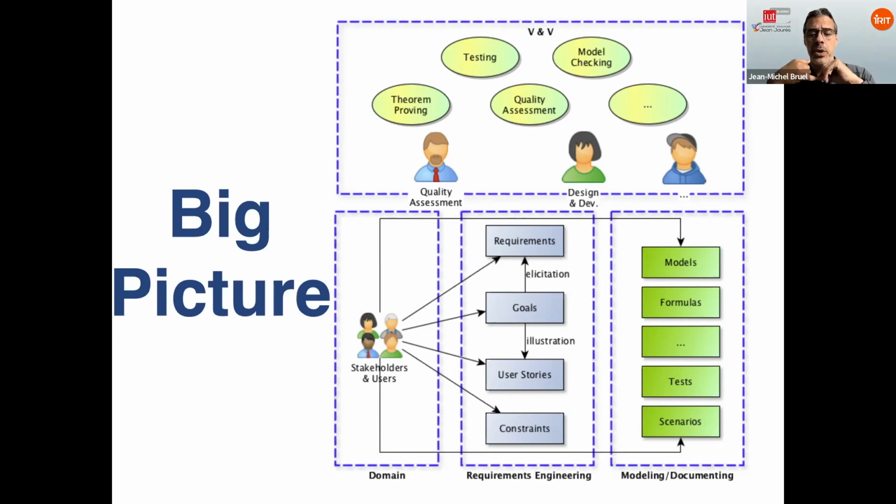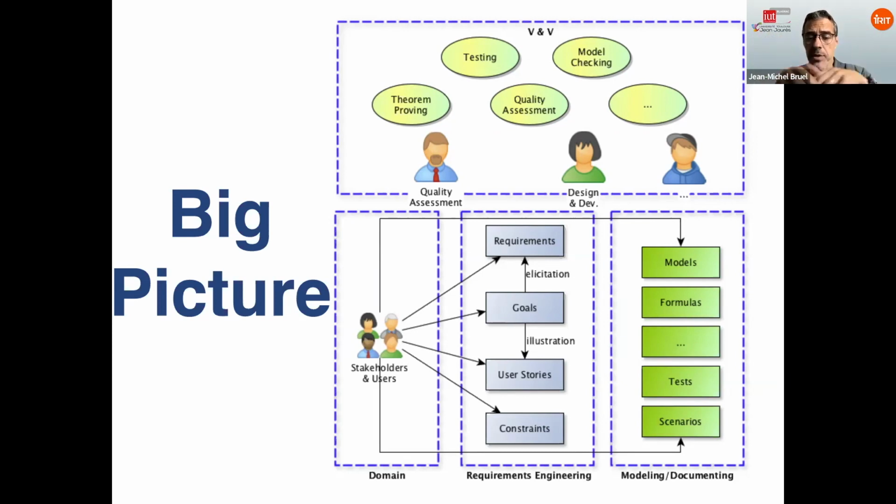For example, you're in a certain domain and you have an environmental constraint, say that you should not use more than this percentage of CO2 consumption. This is a regulation constraint. It can become a requirement for the system you are going to develop, but it comes from outside most of the time. This is the kind of thing that you most of the time receive from the stakeholders.